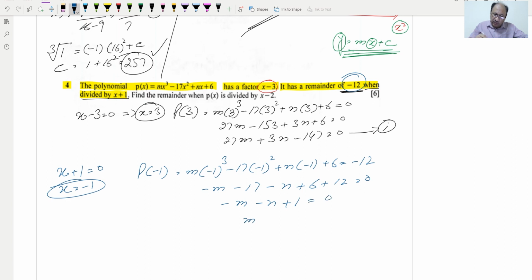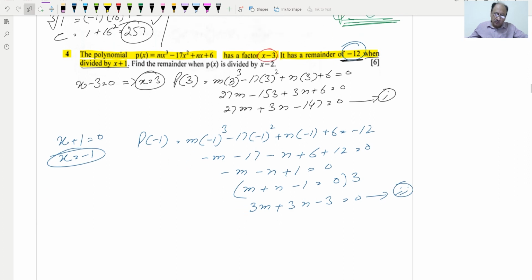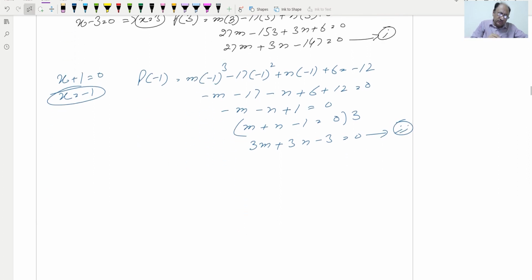Change sign, so m plus n minus 1 is equal to 0. So this will be the second equation, but to solve simultaneously we can multiply this by 3 to equalize the coefficient of n. So it will be 3m plus 3n minus 3 is equal to 0, and this will be our second equation, and we can solve these two equations simultaneously.